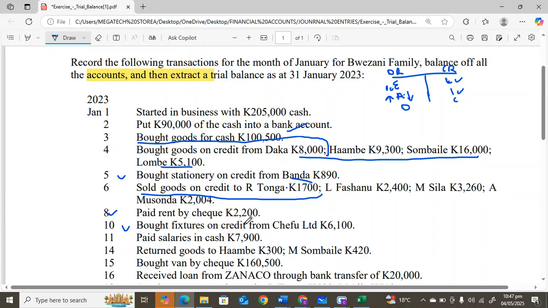It's an asset here. It's an asset that you're buying. So which one are we debiting? Which one are we crediting?